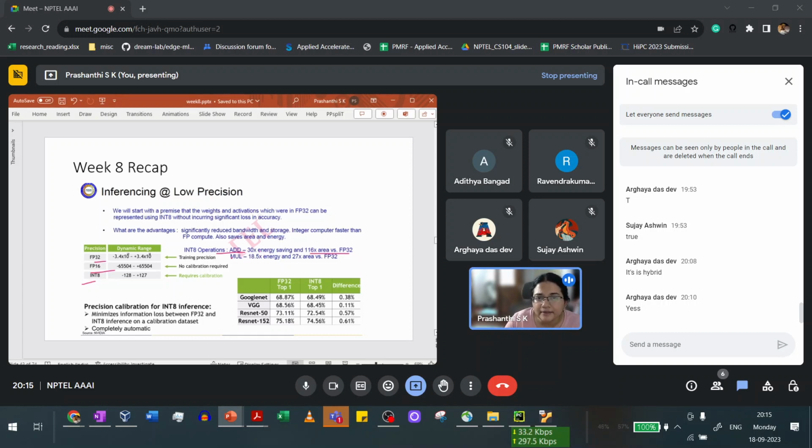Similarly for multiplication. Here you can see the top 1 accuracies compared for different models across FP32 and int8, and you can see that the difference is barely noticeable. It's 0.5% or 0.6% at worst. So you could do inferencing at low precision very easily and get good accuracies. That's what this tells you.